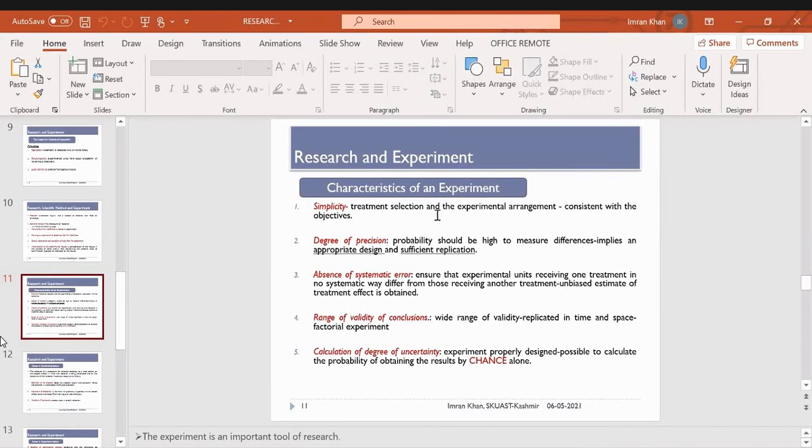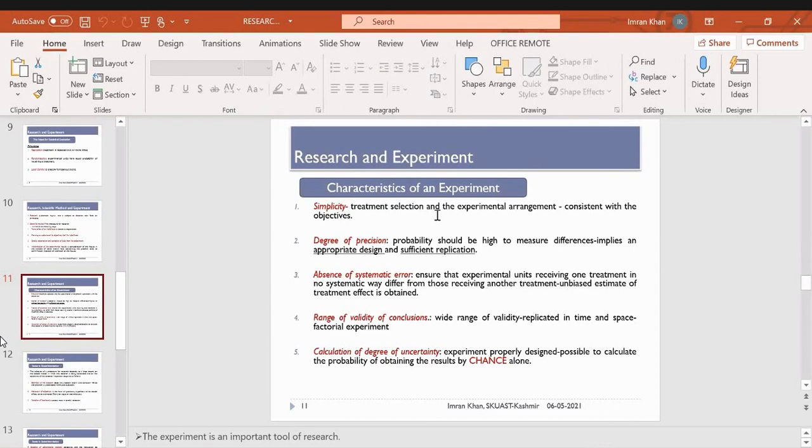So what should be the characteristics of an experiment? It should have simplicity. By simplicity, we mean treatment selection and experimental arrangement should be consistent with the objectives.